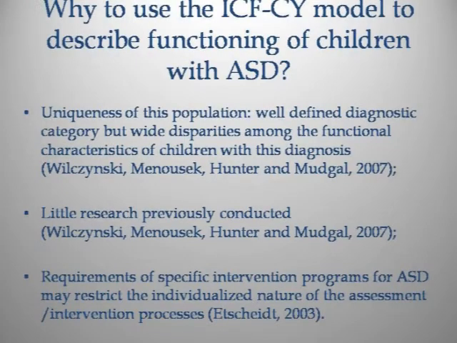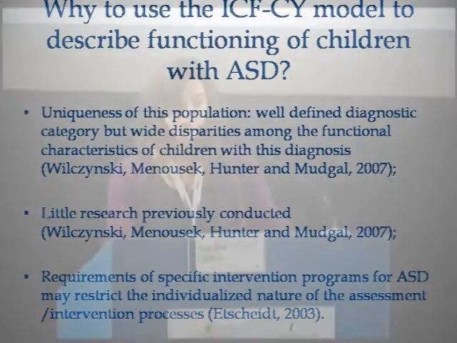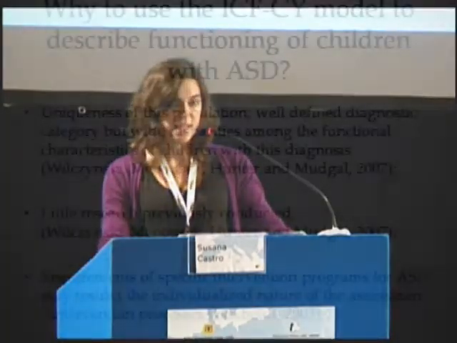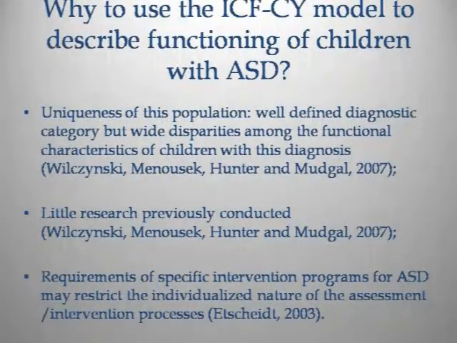There is little research previously conducted on the use of the ICF-CY, though there are many studies on the use of the ICF in classifying functionality in other health conditions. And there might be requirements of specific intervention programs for ASD that may restrict the individualized nature of the assessment and intervention processes, and this the ICF can overcome by describing specific functionality domains.